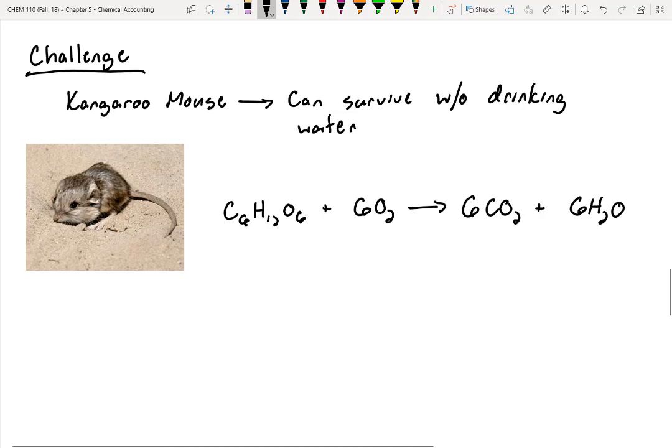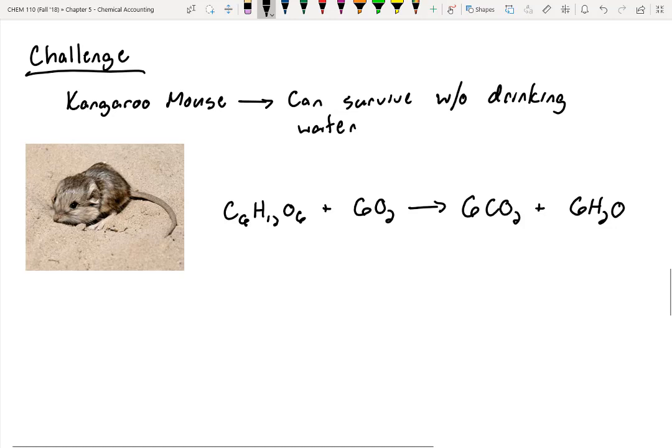So if you remember, I said C6H12O6 was glucose. That's just sugar, right? So sugar plus oxygen, that's basically what you do when you metabolize food, right? You break down the carbohydrates in your body by inhaling oxygen. When you exhale, you breathe out CO2. And you also produce a little bit of water during this overall chemical process.